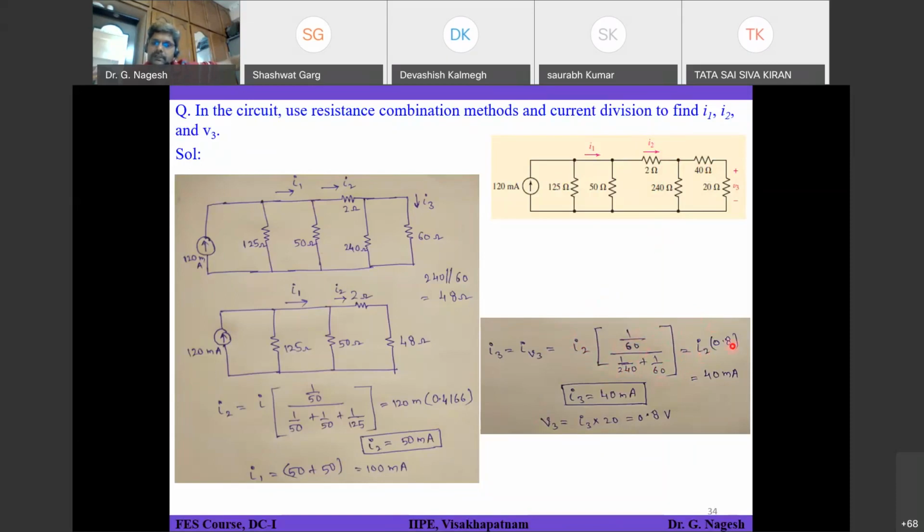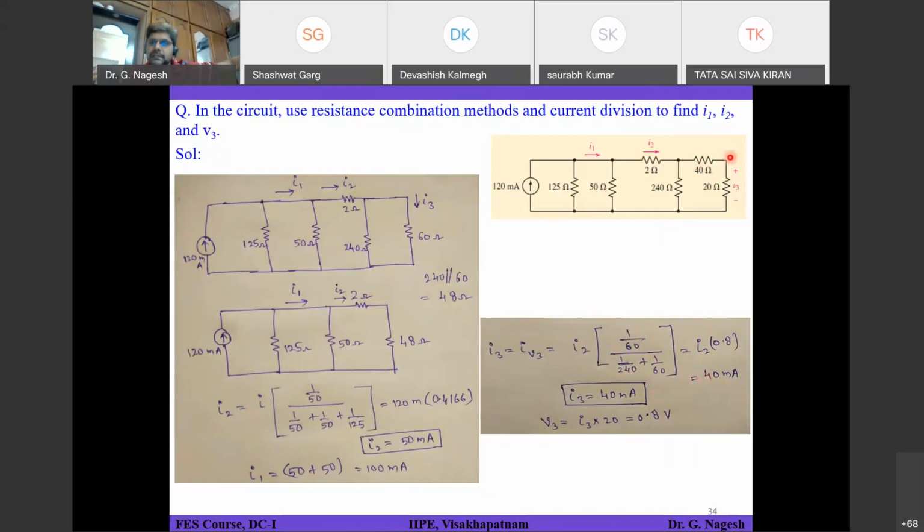So I2 into 0.8. This one will be 0.8. So 40 milliamperes is the current flowing through this series combination of 40 ohms and 20 ohms. Clear? Consider this as I3, let's say. So I3, the current flowing through the series combination of 20 ohms and 40 ohms, is observed to be 40 milliamperes.